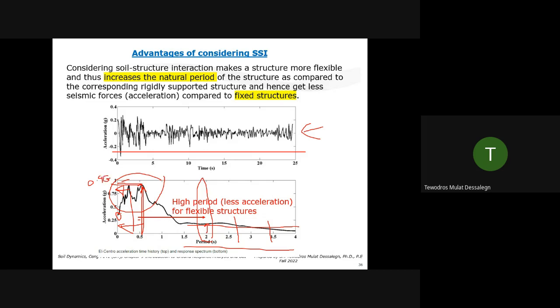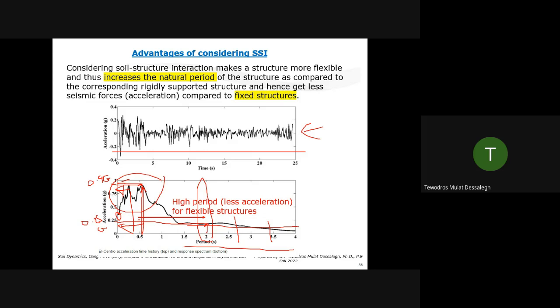But with 2 second, you're designing it around 0.25 g spectral acceleration. Which one will give you larger force on the building? 0.9 g or 0.25 g?